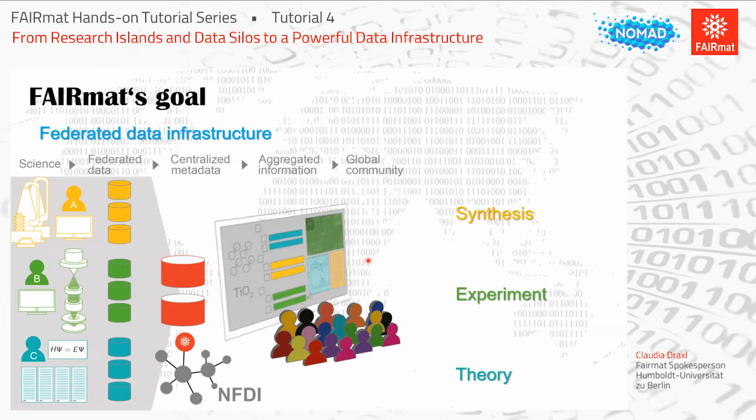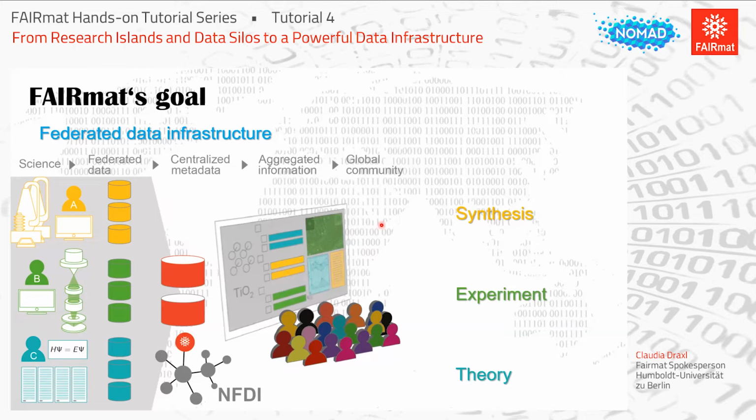What looks here like public viewing means that every researcher, but also people from outside, from industry, whoever is interested in materials science data, can search for specific materials and specific properties, and have all this aggregated information in one place.